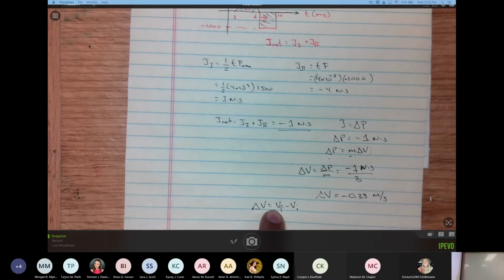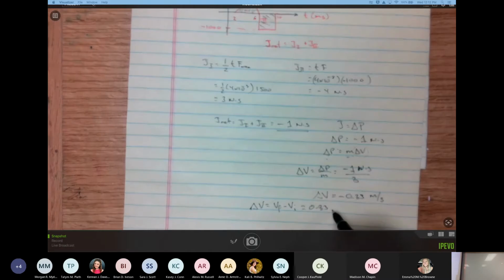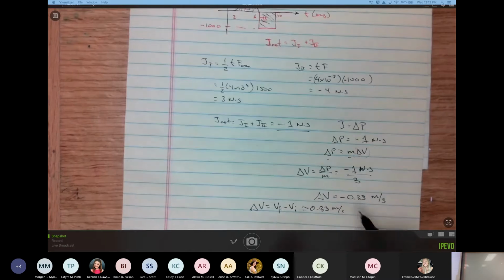This subtraction is going to give us -0.33 meters per second, but we don't know specifically what value of final or what specific value of initial we're going to have. We just know this relationship, that the difference between the two of those is going to be -0.33. Okay. Make sense?